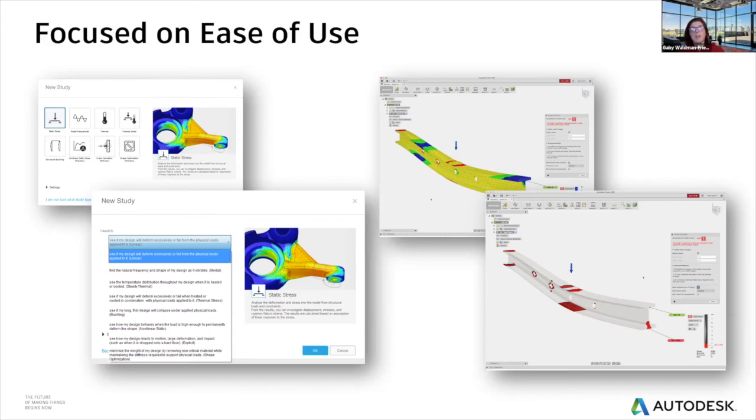So you would take that design into the simulation space and put loads on it, and the software would basically compute how the model is going to respond to those loads, and then give you the results and tell you it's high stress in these areas, it's high strain in these areas, the factor of safety is too low, it's going to fail, it's not going to fail, and then you as a designer get to make judgments about what to do about that. So that's simulation in a nutshell. That's why you do simulation.